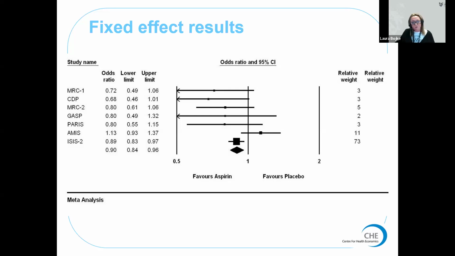We can see where that's positioned, that it's taking a lot of that combined weight from this very large study, ISIS-2. So a lot of that mean is coming from that large study in which there isn't much uncertainty, because it's got a large sample size. It's been drawn slightly in, but predominantly follows the findings from the ISIS-2 study.